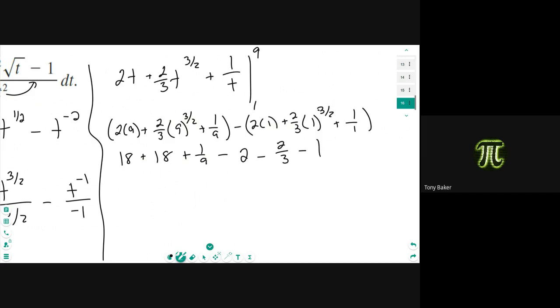So 33 minus 6/9. I typically wouldn't leave it as a mixed number, but I really don't want to have to multiply 32 by 9 right now.